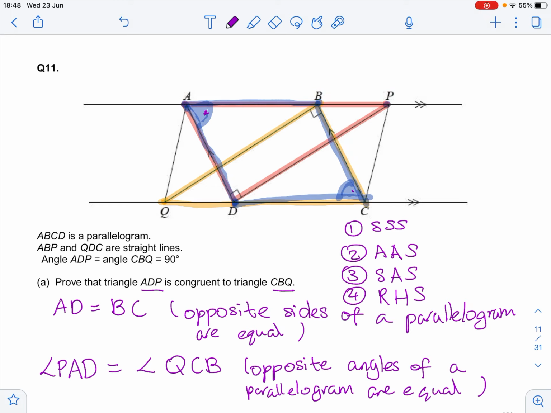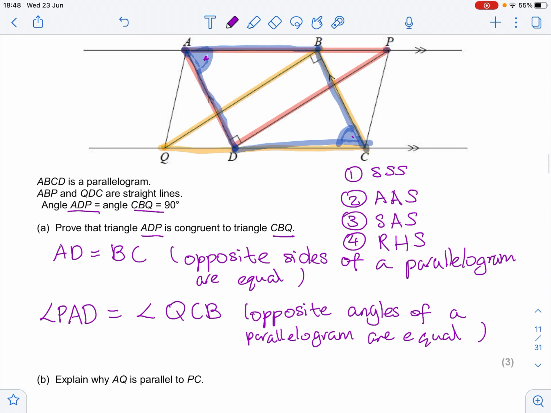And finally, we are given that the angle ADP and angle CBQ are equal, and they're both 90 degrees. So angle ADP is equal to angle CBQ, and it's equal to 90 degrees, and it's given. So we've proved that those two triangles are congruent because of angle, side, angle.